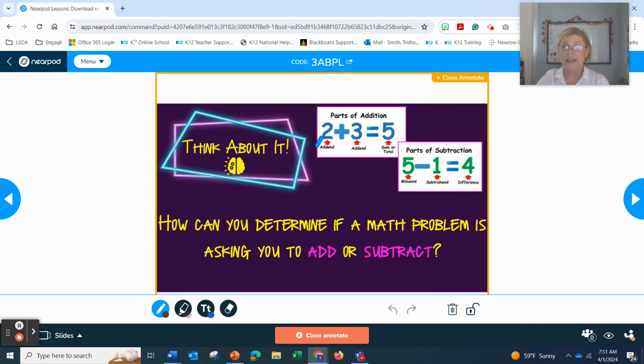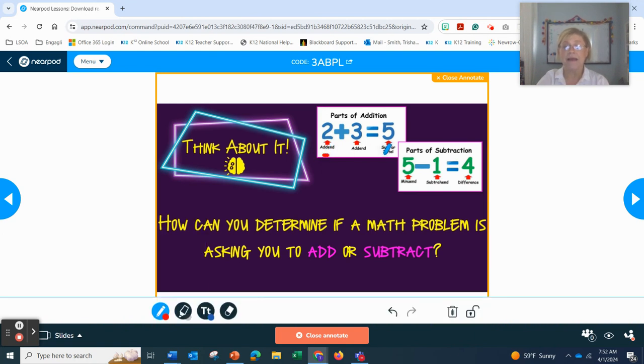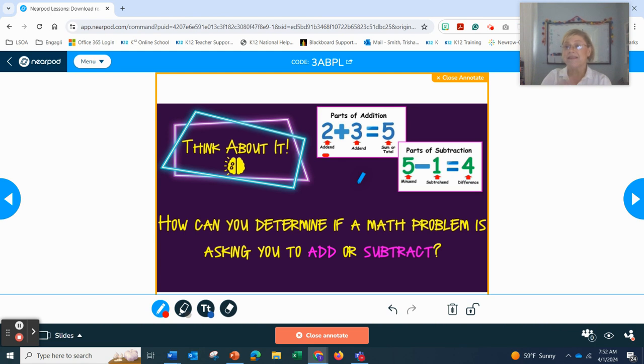We need to really make sure we know our math vocabulary words. When we are adding, the math vocabulary words for addition are addend and sum or total.